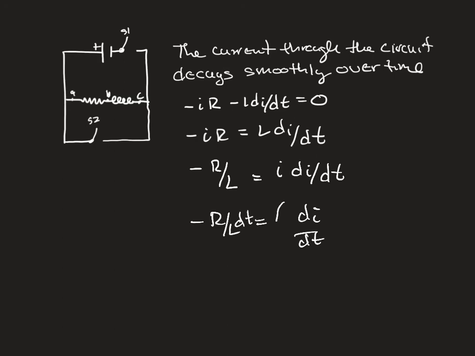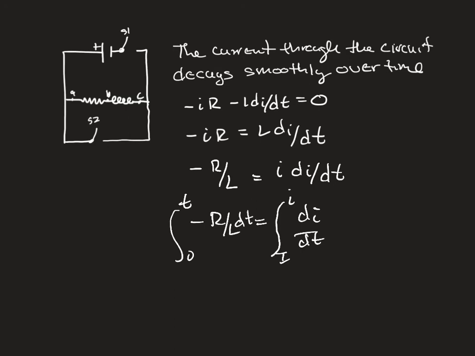And this you have to be careful of when you integrate because you're starting at I max and you're integrating to some I value. Here you're integrating from 0 to t. So before you had current growth, now you have current decay, and so the current behaves in the opposite direction.